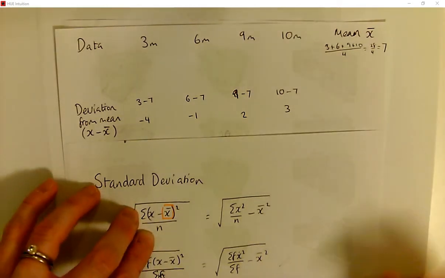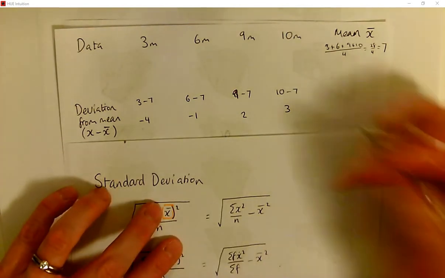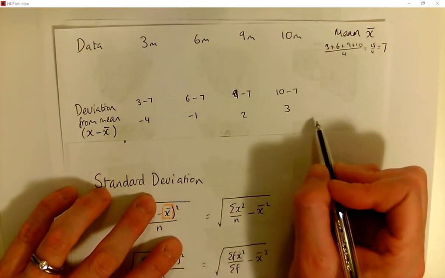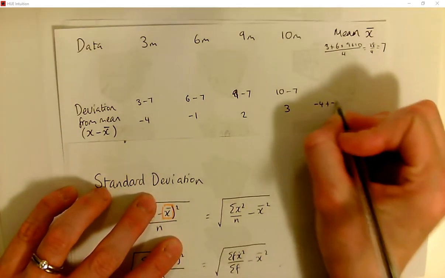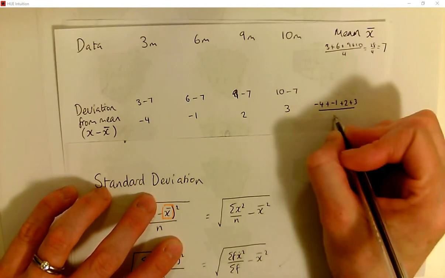So it makes sense as a measure of spread to take the average of those deviations. So let's do that. We're finding the mean of these deviations from the mean. So we do minus 4 plus minus 1 plus 2 plus 3 and divide by how many there are.